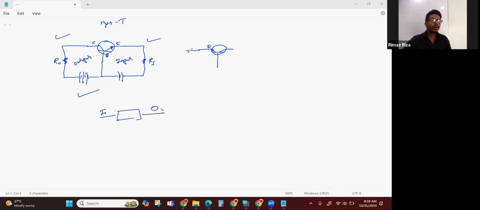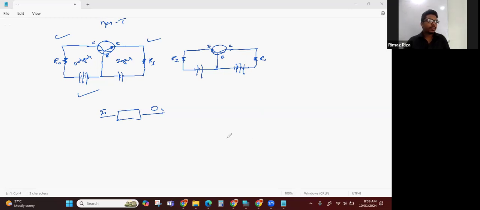So by considering that, normally you have to draw taking the emitter terminal to this side. BE junction should be forward biased, and BC junction should be reverse biased, and there should be a resistance to take the output, and here a resistance to give the input.